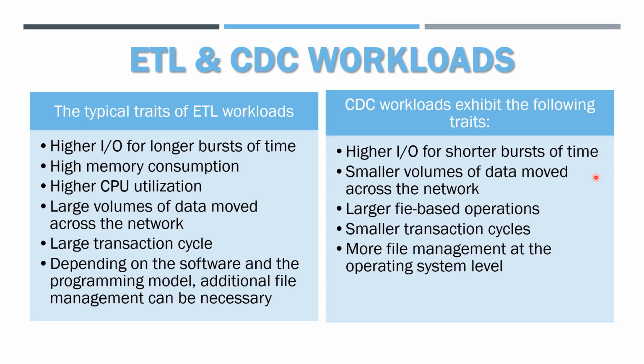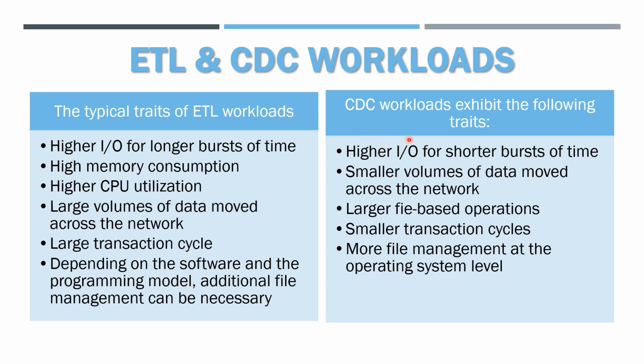So based on the data types, the typical traits of ETL and CDC workloads are as below. For the ETL, the traits are higher input output for longer bursts of time, high memory consumption, higher CPU utilization, large volume of data moved across the network, and large transaction cycles depending on the software and the programming model.